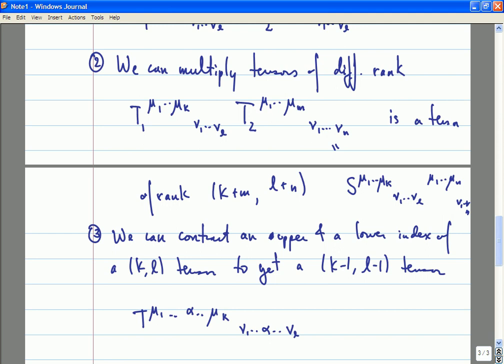Essentially, what you're talking about is accounted for by rule number 3, that you only contract an upper and a lower index. So in matrix multiplication, as you say, there are certain allowed and disallowed ways of multiplying matrices. That is all accounted for by this rule. In the index notation that we're using here, these matrices that you're referring to would have some upper and some lower indices.